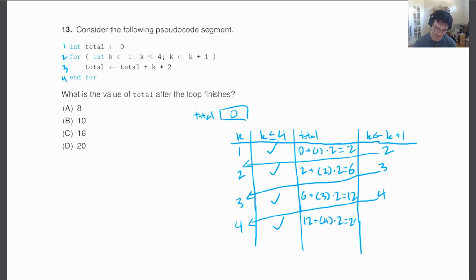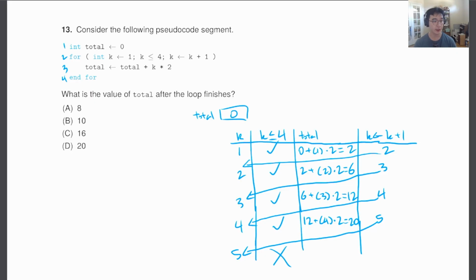That's 8, 20. And now I go to the increment. K is now 5. And now I check. Is 5 less than or equal to 4? That is false. So because the condition is false, I exit the for loop and I'm done.